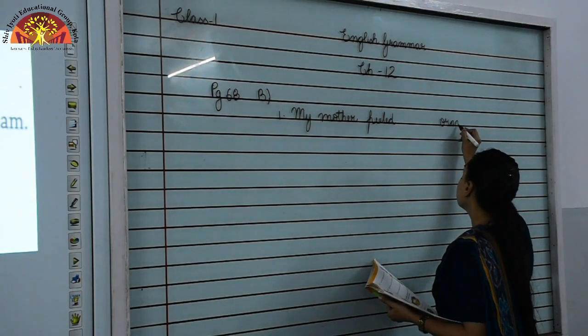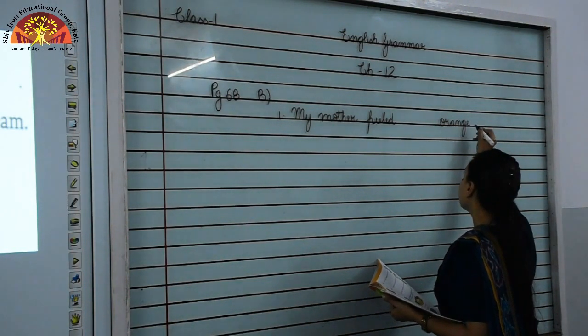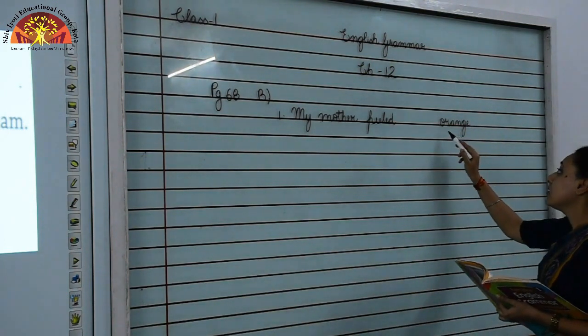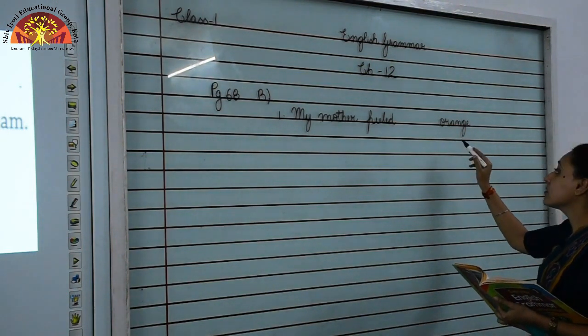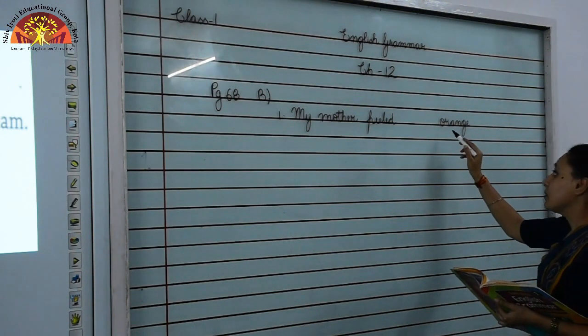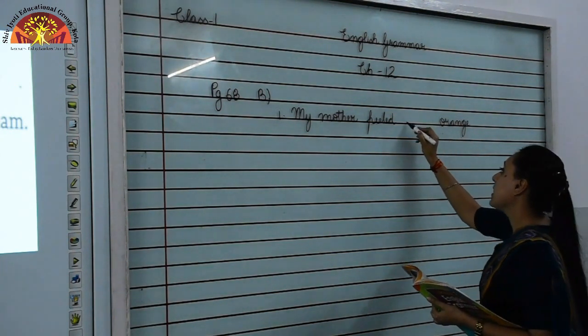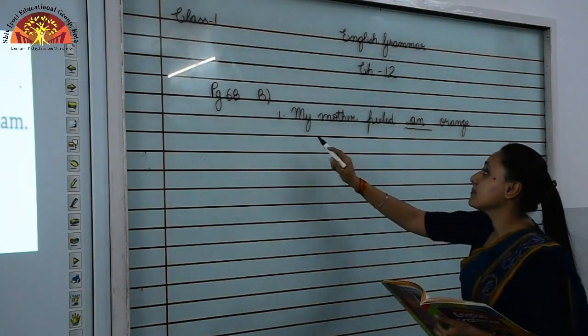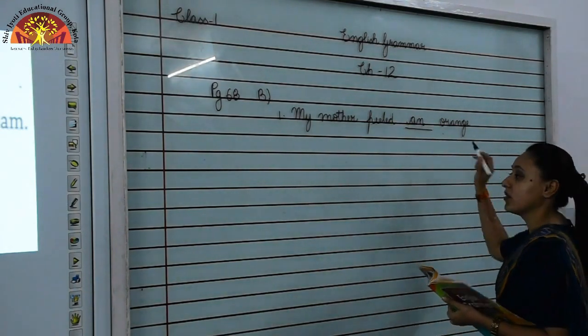So children, there is a blank before orange. First let us check whether orange is a vowel sound word or a consonant sound word. It is a vowel sound word. So, we will add n before orange. Okay. Sentence: my mother peeled an orange.